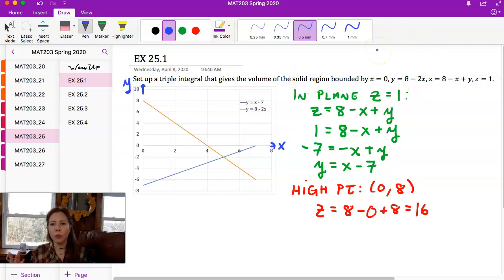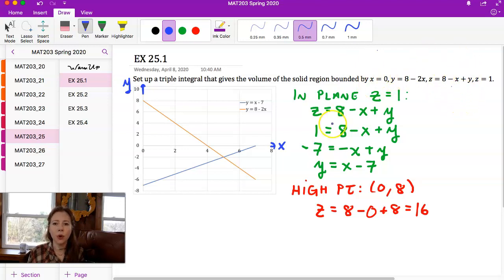We're trying to figure out what happens between these different bounds, and how the variables are related to each other. Looking at y versus x, let's start in the plane of z equals 1. It's just like taking a sheet of paper and sticking it on the z-axis where z equals 1, so you can have any value for x and y there. Let's just look down at the xy plane.